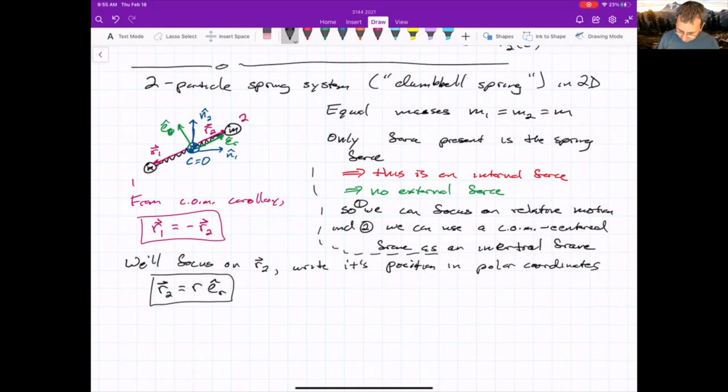What do we need to know about this spring? The way springs work, they're parameterized by their spring constant, which is like newtons per meter, and then an equilibrium length. So we'll say that this spring has a stiffness K and an equilibrium length L naught.